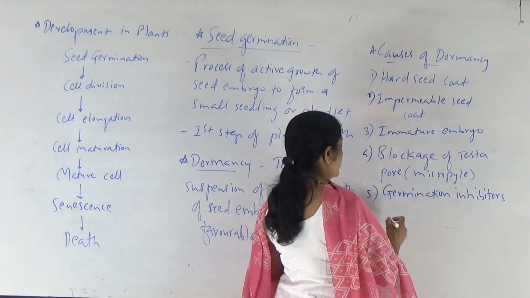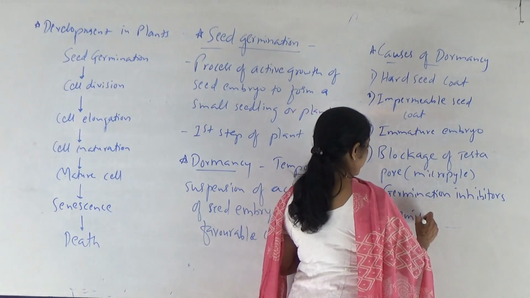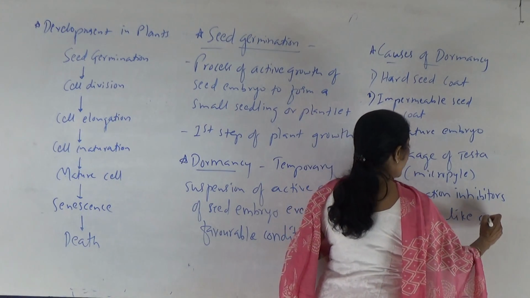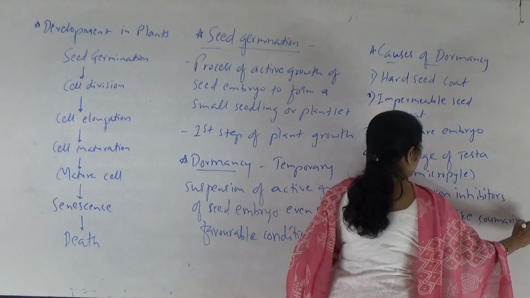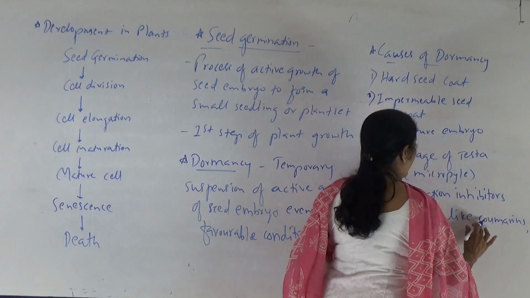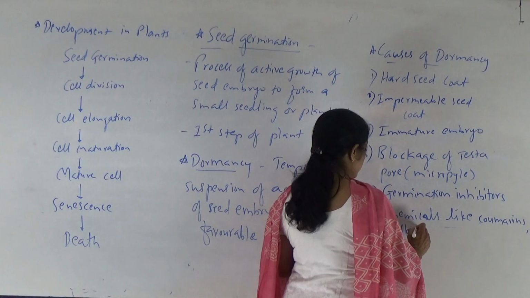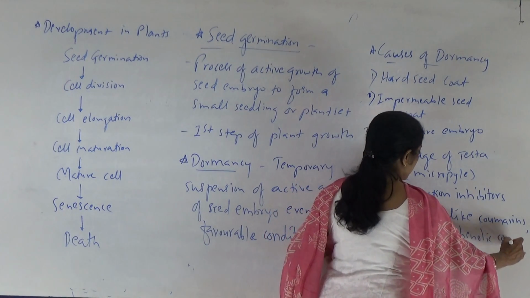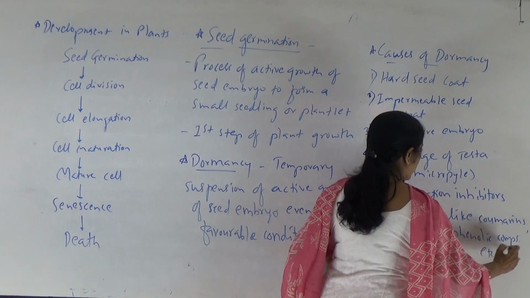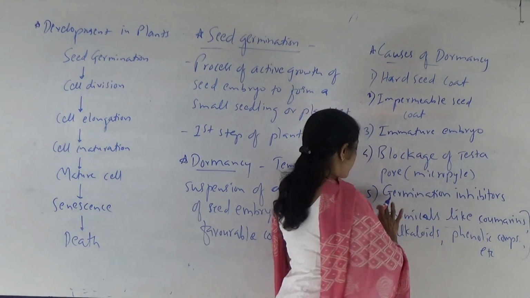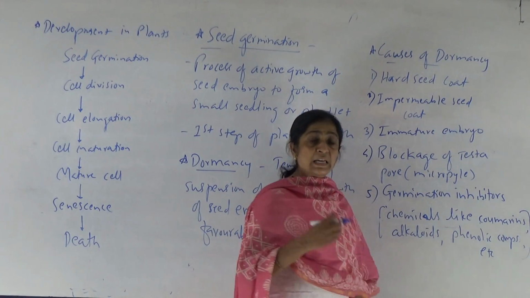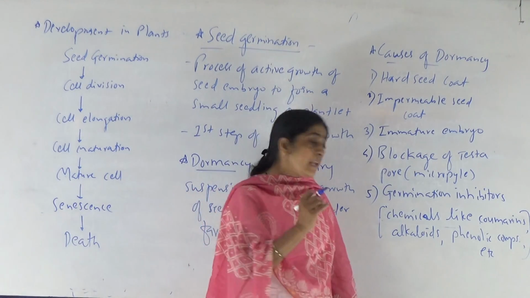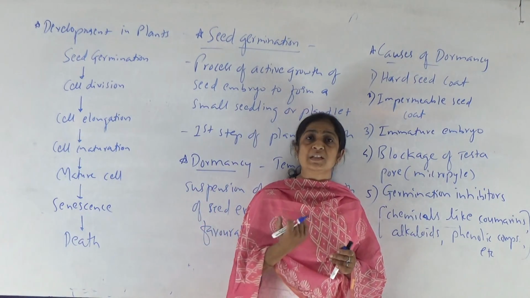These germination inhibitors are chemicals like coumarins, alkaloids, phenolic compounds, etc. These are chemicals produced or secreted by embryo cells and endosperm cells in that seed, which may inhibit the growth of the embryo during seed germination.